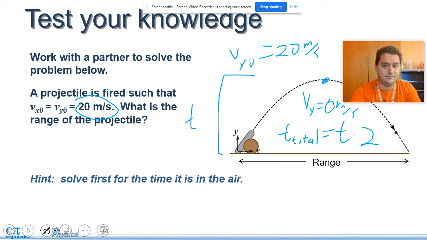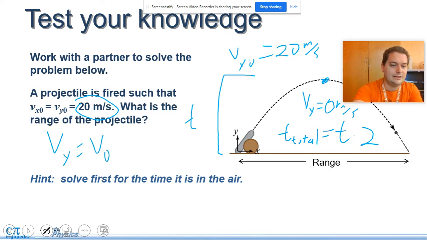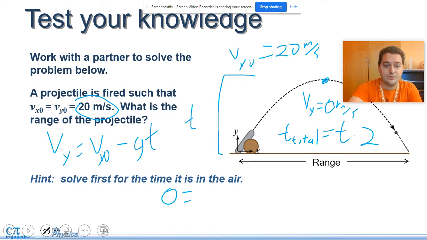That's important. We can use that other equation: Vy equals Vy0 minus gt. So Vy is 0 equals Vy0 of 20.